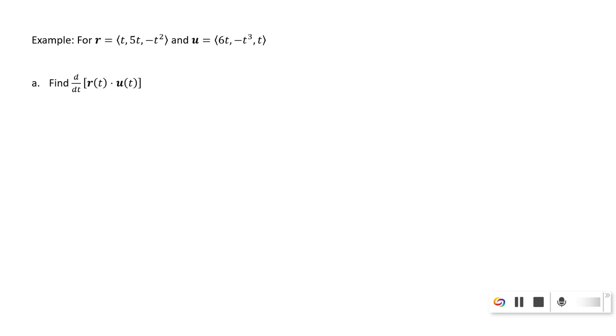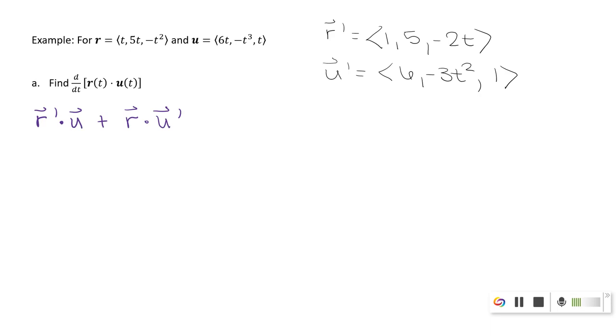All right, I've got the same two vector valued functions, r and u. Let's find the derivative of r dot u. So find the derivative of a dot product. There are two different ways you can do this. You can apply the product rule, and I'm going to do that first.